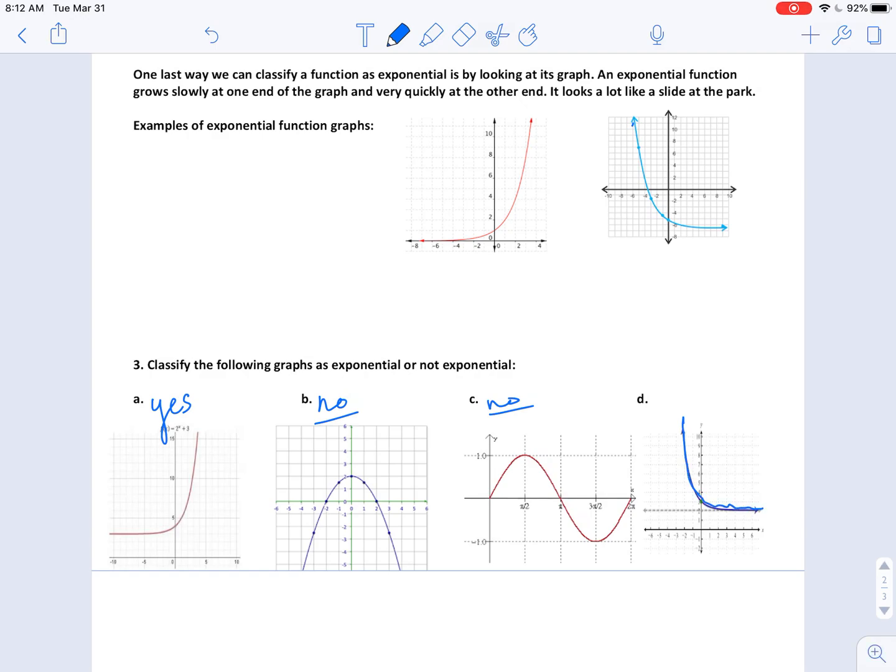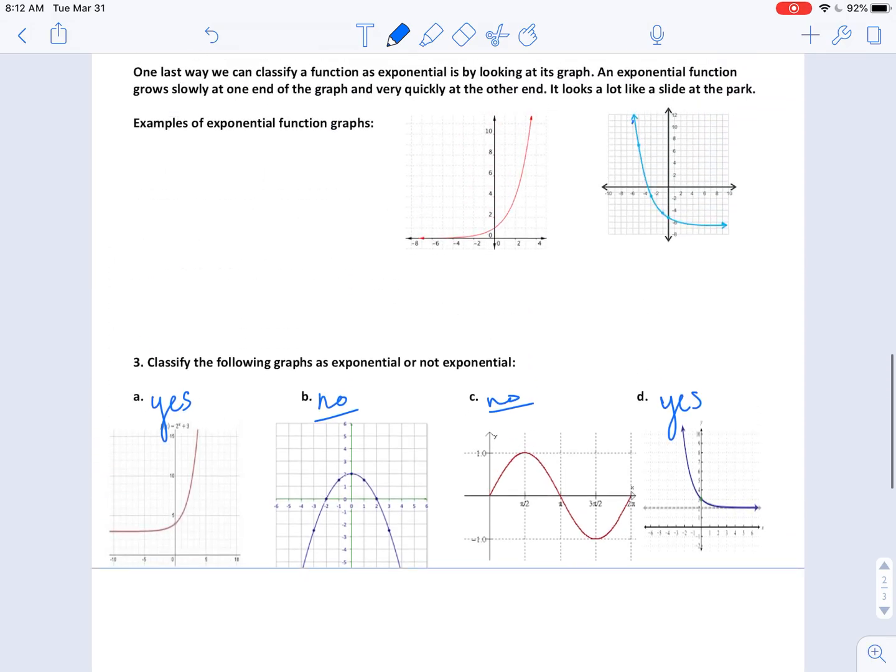So that's not exponential. And our last one here shrinks very, very quickly, but then it levels off. And it's that leveling off that tells me here that that is an exponential function.